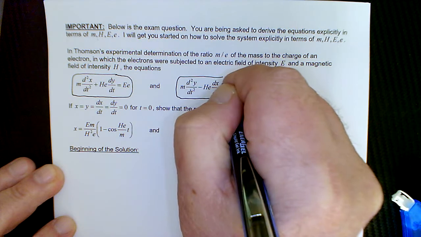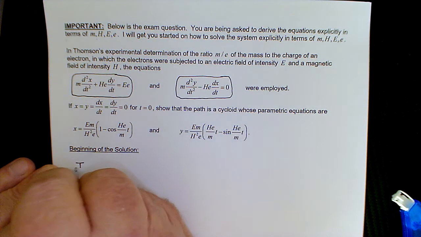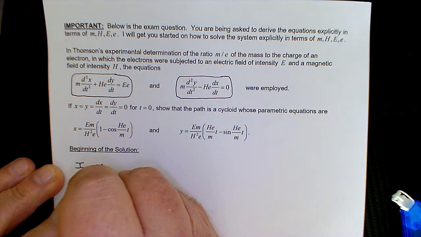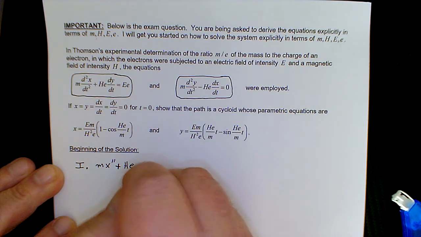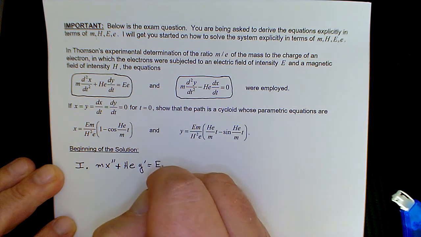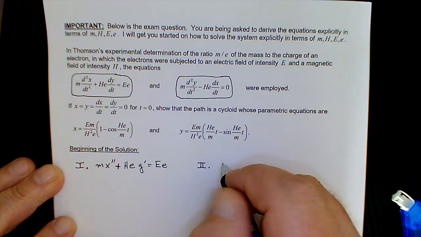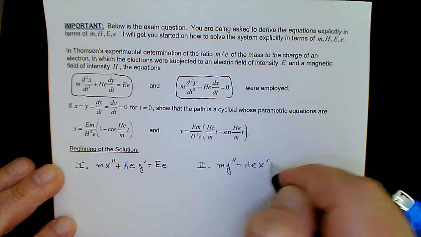But we're going to start by, instead of using the differential notation, using the prime notation. So I'll label the first equation, number 1, as Roman numeral 1, and it'll be m x double prime plus uppercase H lowercase e y prime equaling uppercase E lowercase e. And then the second equation is going to be m y double prime minus h e x prime equaling 0.